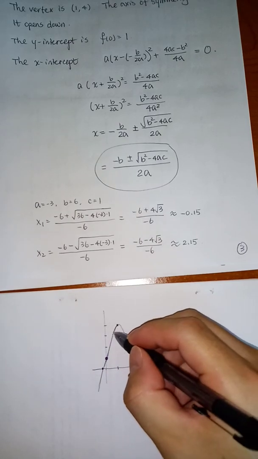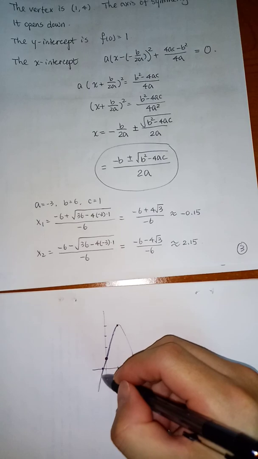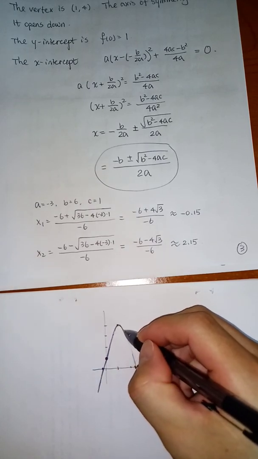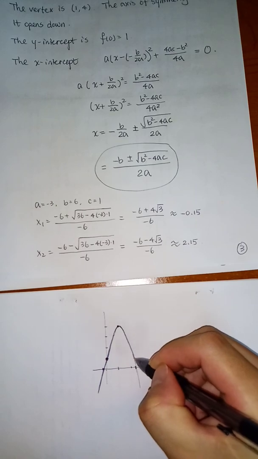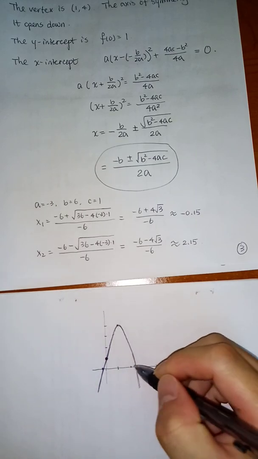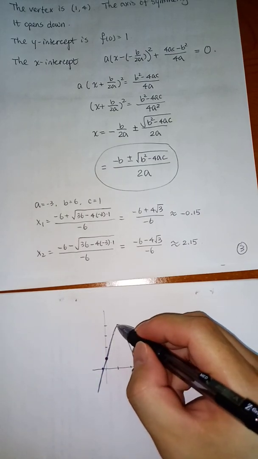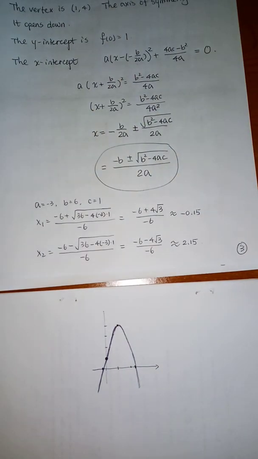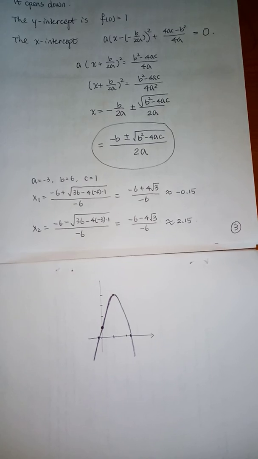Again, it's not a triangle, because I don't get the precise location of the 0.15, so it's bad. Okay, so that's the graph of the function. Sketch.